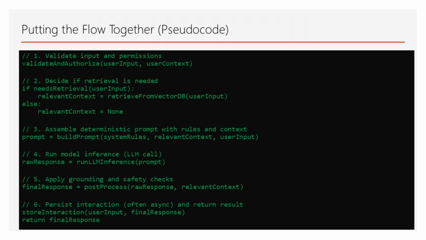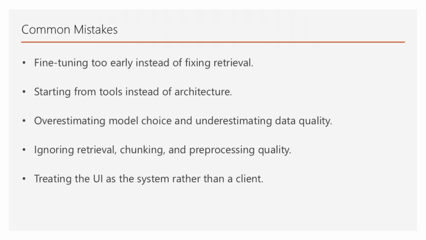Most teams struggle not because the technology is immature, but because they solve the wrong problems first. A very common mistake is focusing on model choice or fine-tuning before the retrieval pipeline and data quality are in place. Another frequent issue is starting from tools instead of architecture, trying frameworks, libraries, or platforms without a clear understanding of how the system should behave end-to-end.